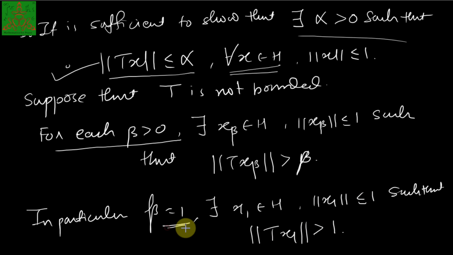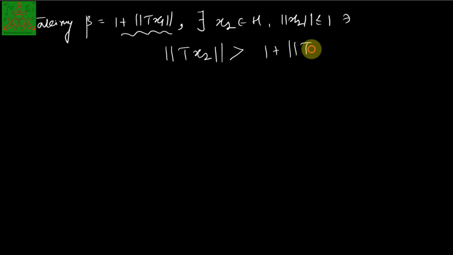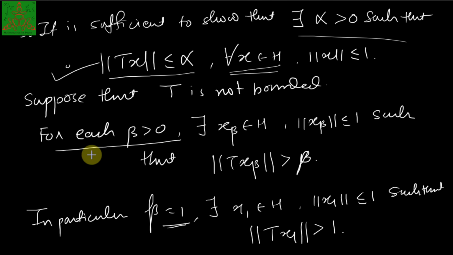Now I will take another value of beta: beta equal to 1 plus norm of T x1. Then there exists x2 belonging to H with norm of x2 less than or equal to 1 such that norm of T x2 is greater than beta, which is 1 plus norm of T x1.